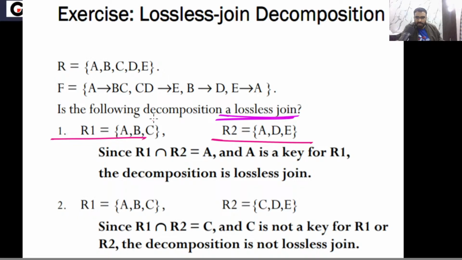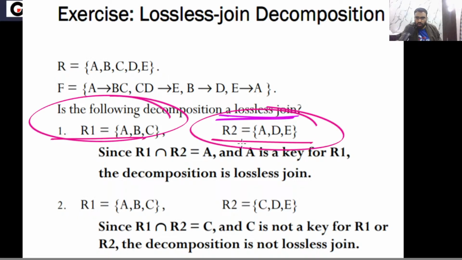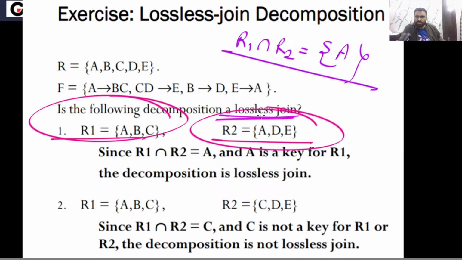We will see whether the set of all common attributes of R1, R2 is a super key in at least one of R1, R2. So what is the set of common attributes? If you do the intersection of the schemas, basically if you find the set of all common attributes, that will be A. That's it. Now we want to check whether this attribute A is a super key in R1 or R2.